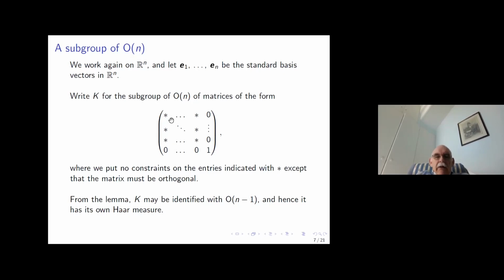And so this subgroup can be identified in a natural way with an orthogonal group of one dimension less, and so it's a Lie group, and so it has its own Haar measure. That's a fact that we're going to use to study spherical harmonics.